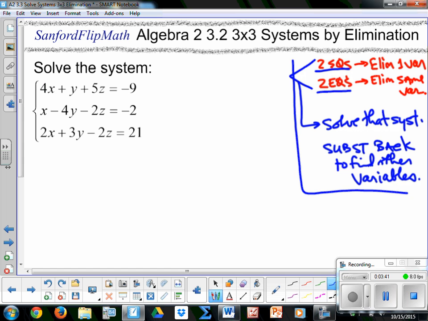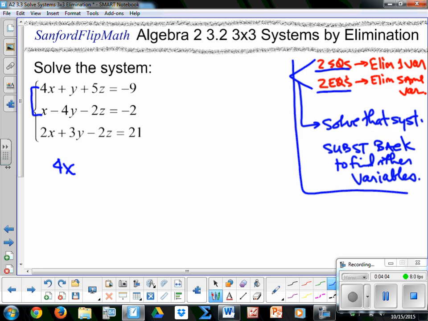So let's do it. You might start by eliminating a different variable, but as I said, it doesn't matter. We're going to pick 2 equations. I'll take the first 2 equations and eliminate x. I like this top equation.